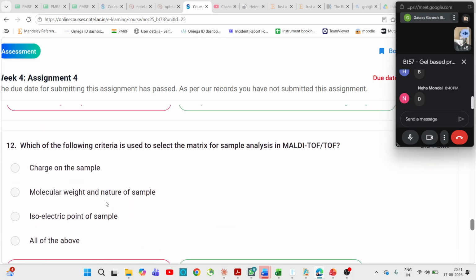Which of the following criteria is used to select the matrix?